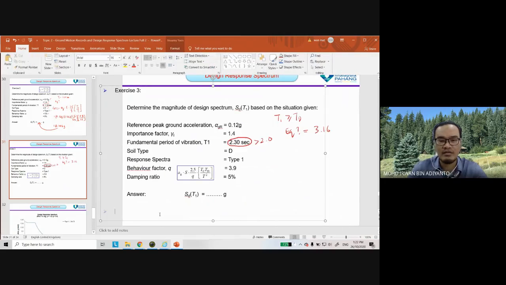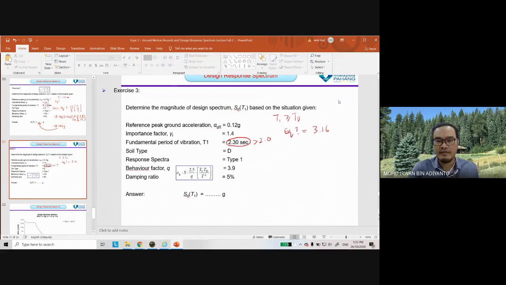We can still use the value of alpha G. So SDT1 is equal to alpha G times S times 2.5 over Q times TC TD over T1 to the power of 2. So 0.168 times 1.35 times 2.5 over 3.9.